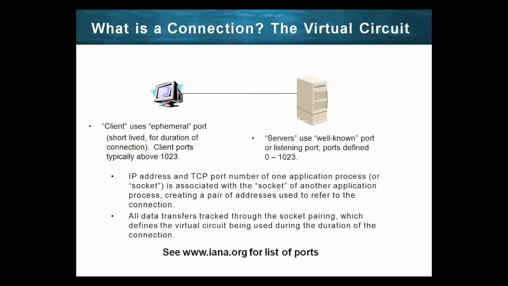So in TCP, there's a couple of things. There's the virtual circuit or socket that's getting set up when the client establishes the session and sends a SYN request to the well-known server listening port. For instance, port 80, which we all use for the web. So I send my SYN request to port 80.